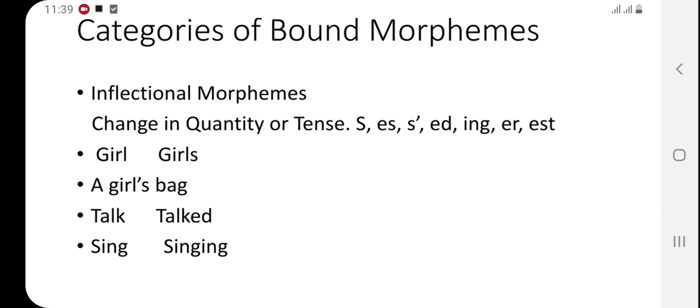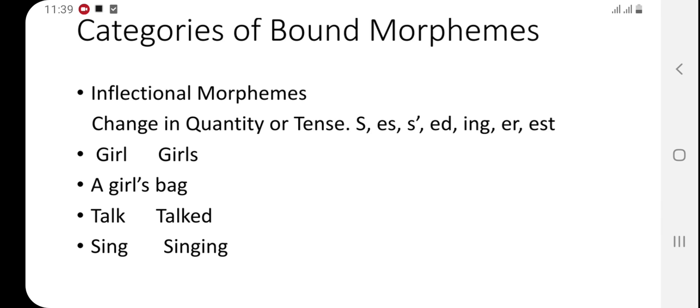So we can have these examples about apostrophe. And ed, when it is attached to talk, talked, it means that this addition of ed has changed present tense to past tense. We talk about talk and talked.